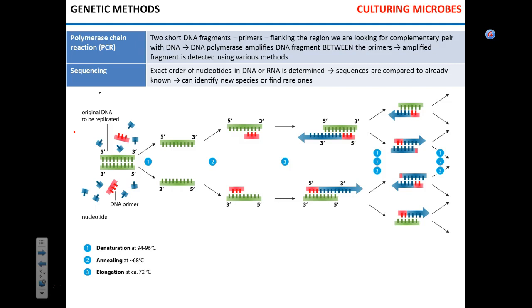How does that work? First, we need to know what the sequence is. So say we know the entire genome sequence of E. coli. And we say, all right, here's the deal. We know that this part and this part of the DNA are unique to E. coli.